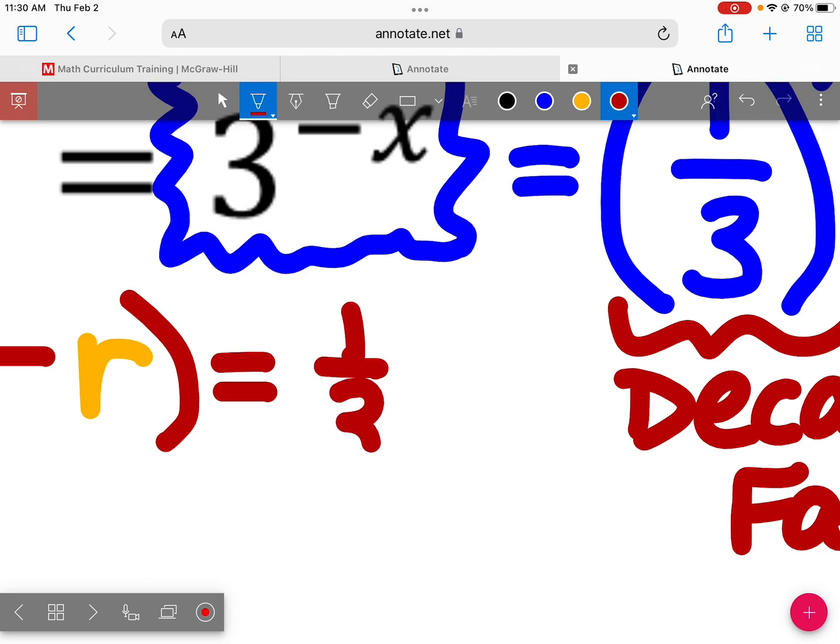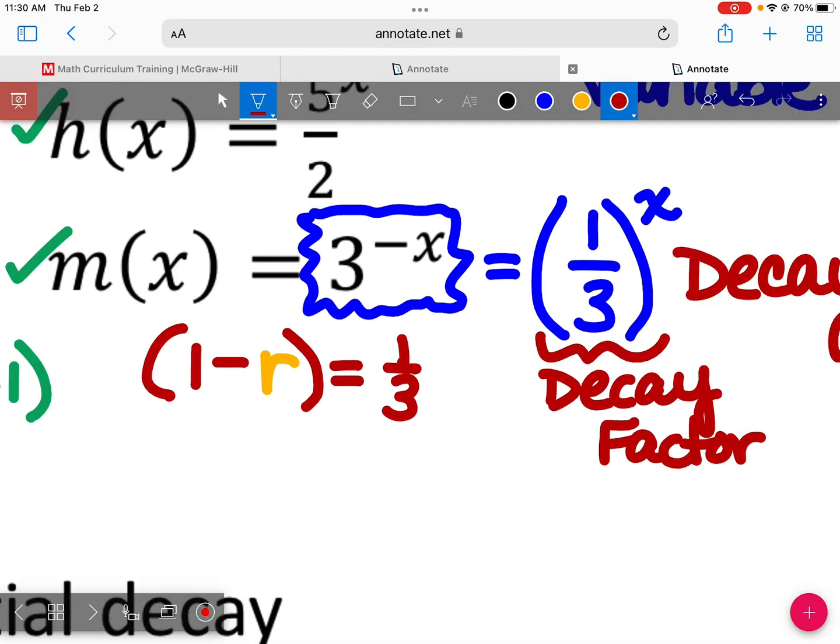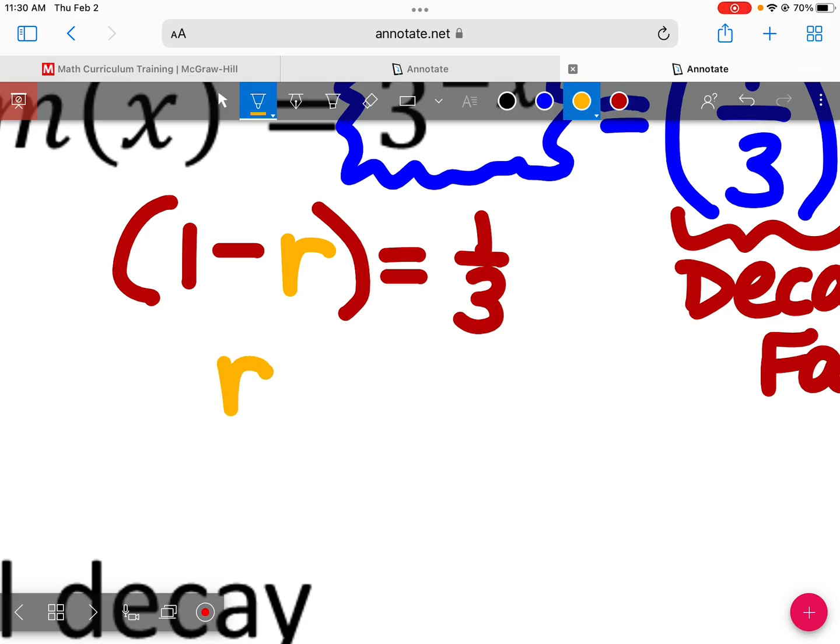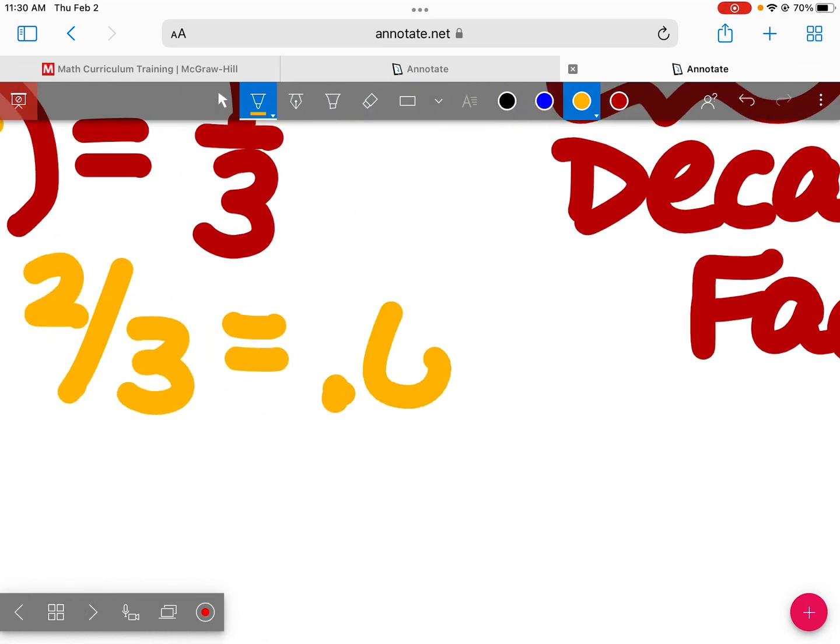So it would be equal to 1/3. What would r have to be to make that true? 2/3. R is equal to 2/3. What's 2/3 as a decimal? Yeah, it's 0.66 repeating, right?